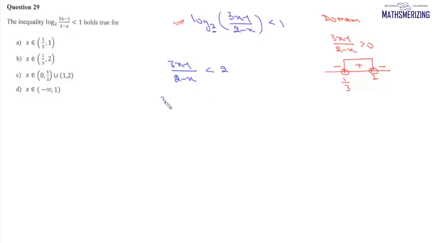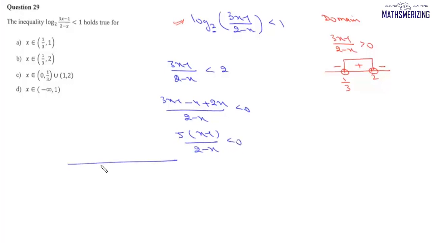So we'll write 3x minus 1 minus 4 plus 2x upon 2 minus x is less than 0. So we'll write 5x minus 1 upon 2 minus x is less than 0. Here the critical points are 1 and 2. So it'll be minus, plus and minus. We'll need minus. So either the value of x is less than 1 or the value of x is greater than 2.